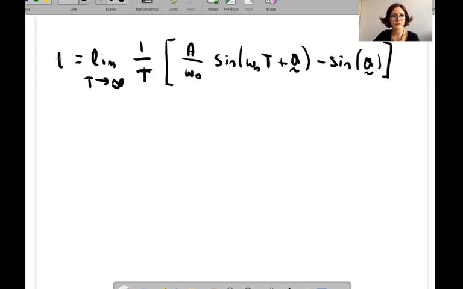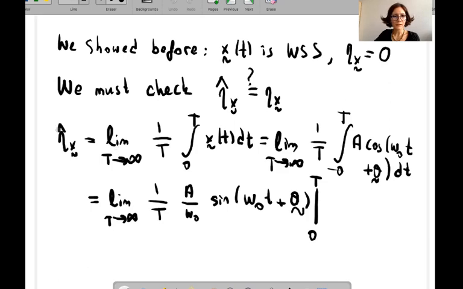This is our estimate for eta x. Now the question was whether this eta x hat is equal to the actual mean function, identically equal to 0. So we should check whether this eta x bar is equal to 0.